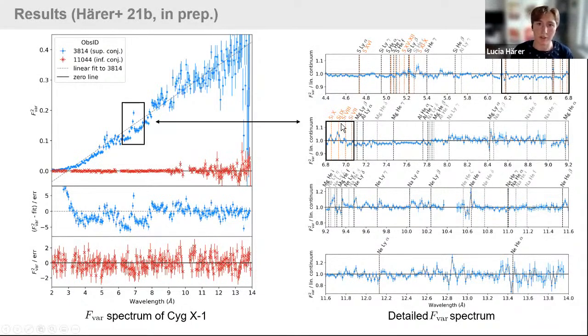You can see that this spike splits up into several smaller spikes, which correspond to the positions of the known lines. We see a similar correspondence also in other regions. For example, there's some correspondence for neon in general, but it's not as significant. The biggest significance is definitely in the silicon line region.